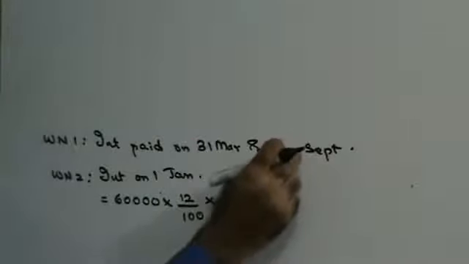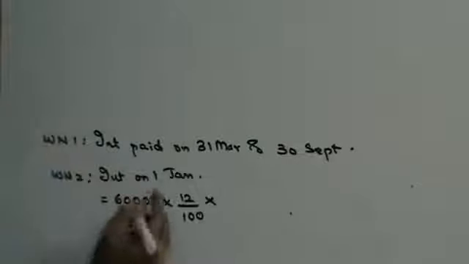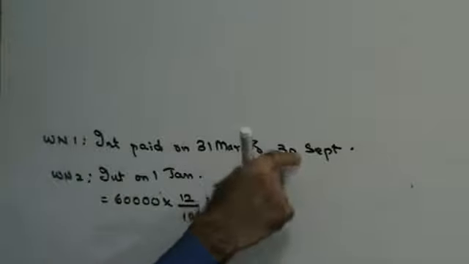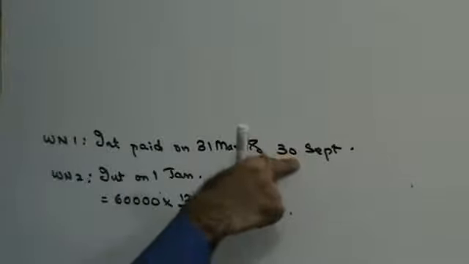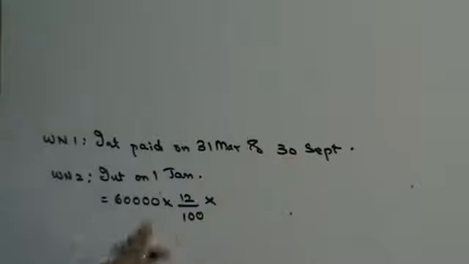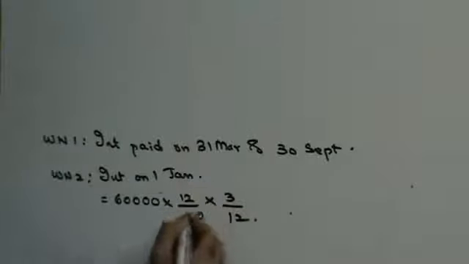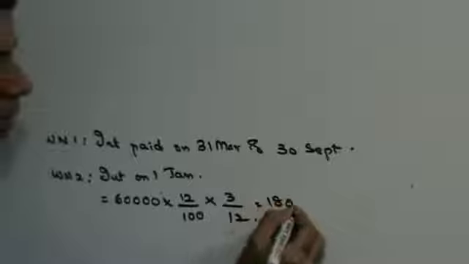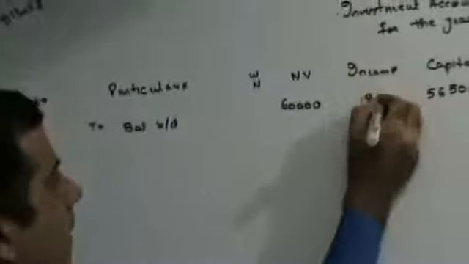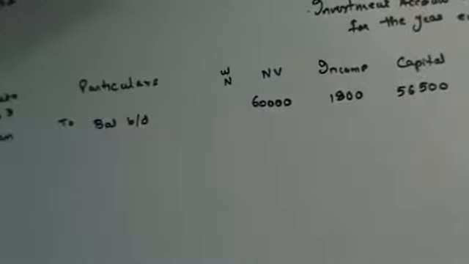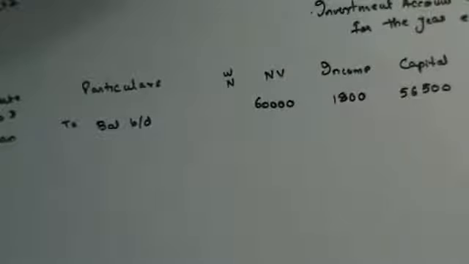Move behind from 1st Jan. So October, November, December. It's been 3 months, so your 3 months interest is due on this. Interest is going to be 1800. Next, let's move on ahead.